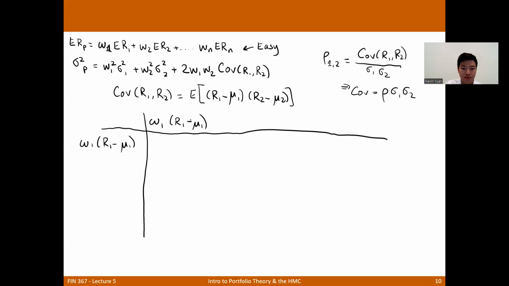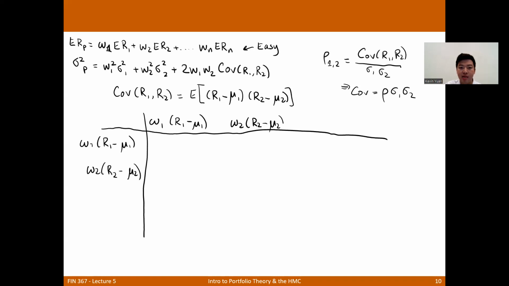Essentially, I also have weight 2, R2 minus mu2, and we also have weight 2, R2 minus mu2. So what we can do is take the cross products between the two. What I plotted on this table is the weight 1 relative to the return minus the average, weight 2 times the return minus the average, and I've done the same thing over here.